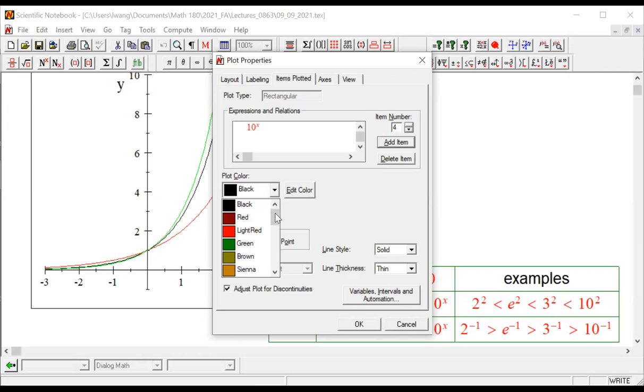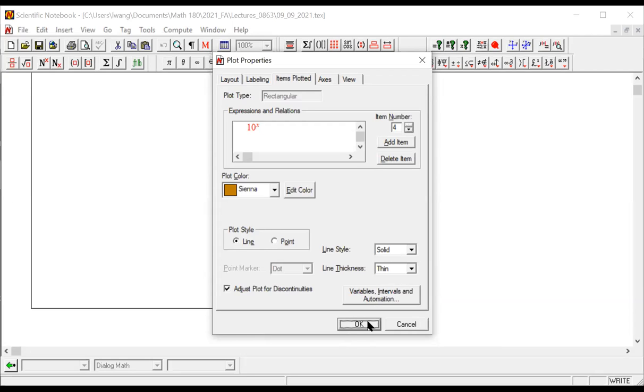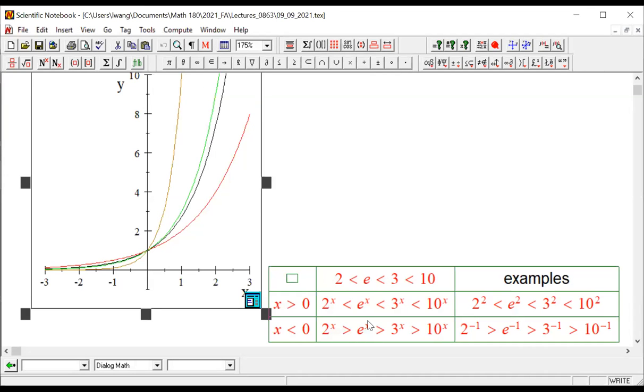Something scary, like brown. All right, brown. So let's do the brown. I think you got it right. I'm not coming to your house to check on you, but you got it right. So if the base is 10, the spread is going to be even faster.